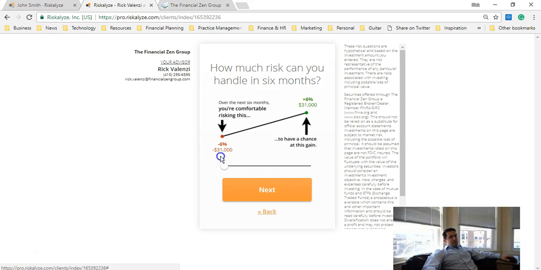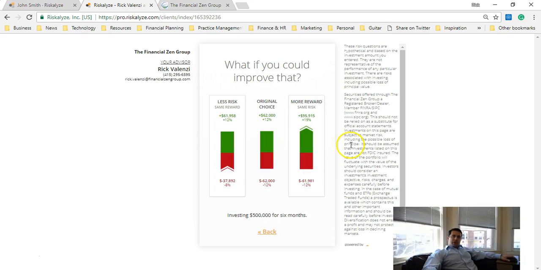I'm gonna take that slider down and say I'm okay with up or down 6%." Or let's say that John's maybe a little bit more aggressive, and he's okay taking on more potential loss for an equivalent potential higher gain. So for our sample purposes, let's just assume John's right in the middle, up or down 12%. And so he would click next.